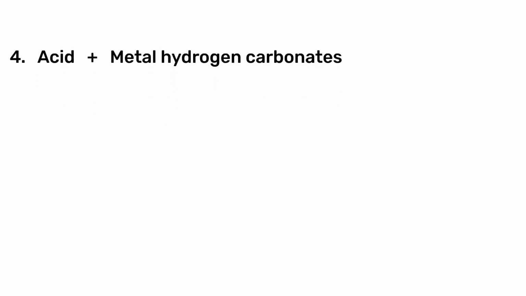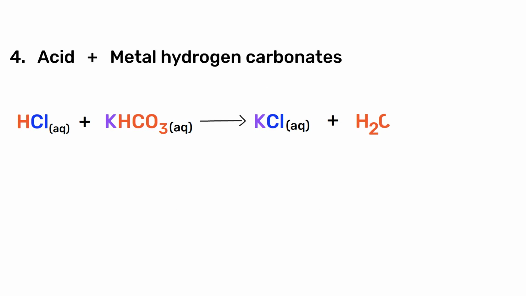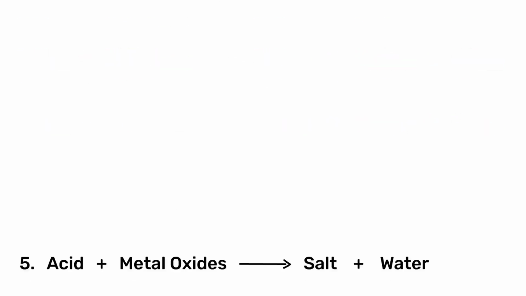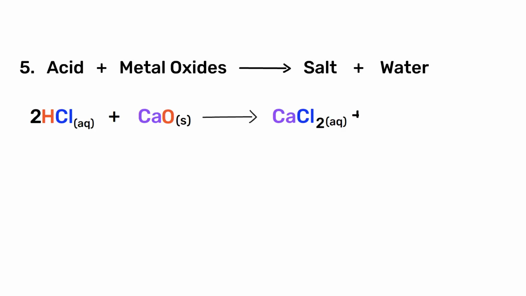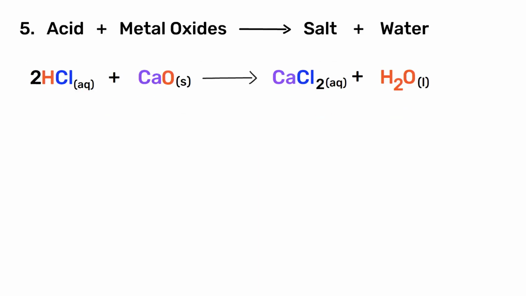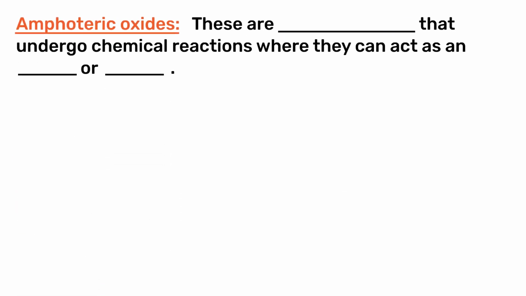And they also react with metal hydrogen carbonates to form salt, water, and carbon dioxide. Acids react with some metal oxides, not all of them, to form salt and water. These are basic oxides.